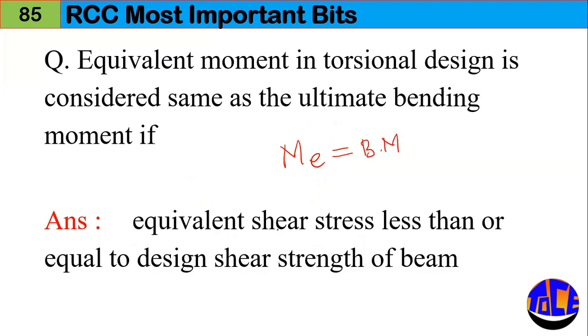The answer: when the equivalent shear force is less than or equal to the design shear strength of the beam. Whenever the equivalent shear stress tau VE is less than tau C, the design shear strength, then you can directly take the actual moment as the equivalent moment.